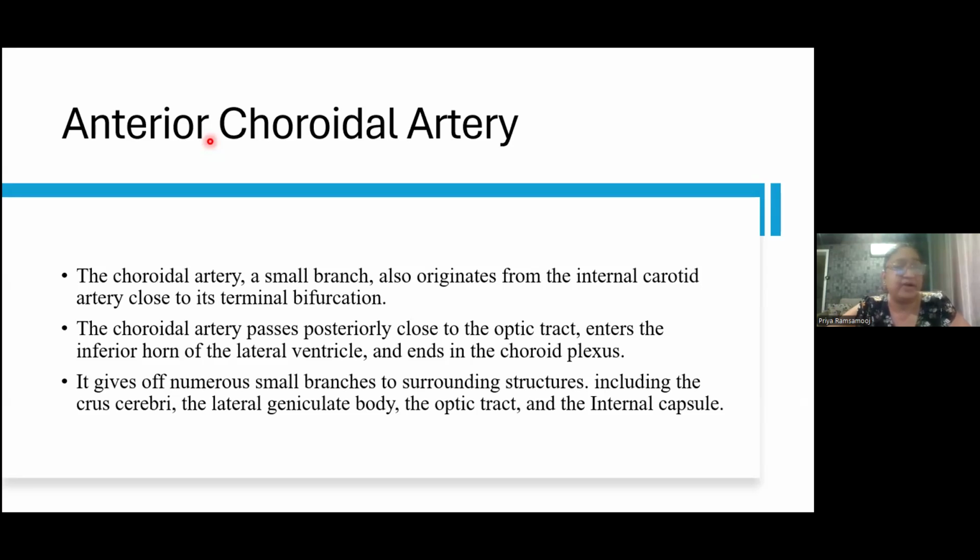It's a very small branch, but it passes posteriorly close to the optic tract, enters the inferior horn of the lateral ventricle and ends in the choroid plexus. It anastomoses with the lateral posterior choroidal arteries, and it has 2 segments, cisternal and intraventricular. It gives off numerous branches to supply the lateral geniculate body, the optic tract, as well as the internal capsule.